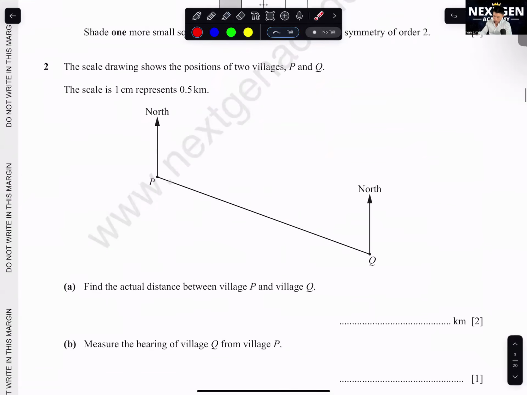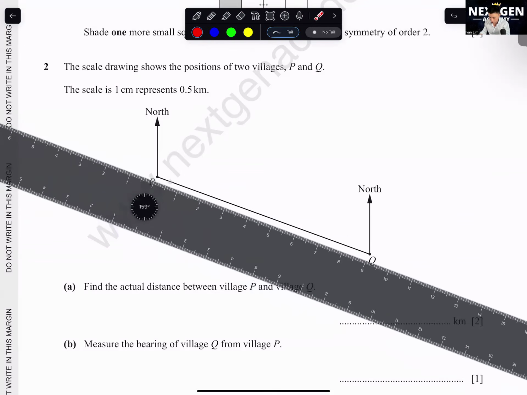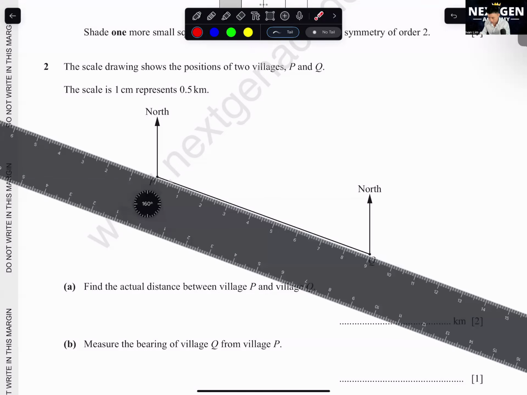Number 2. The scale drawing shows the position of two villages P and Q. The scale is 1 cm represents 0.5 km. Find the actual distance between village P and village Q. For this one, y'all have to print out and then measure the exact distance using the ruler. Based on my diagram here, this is 9 cm.